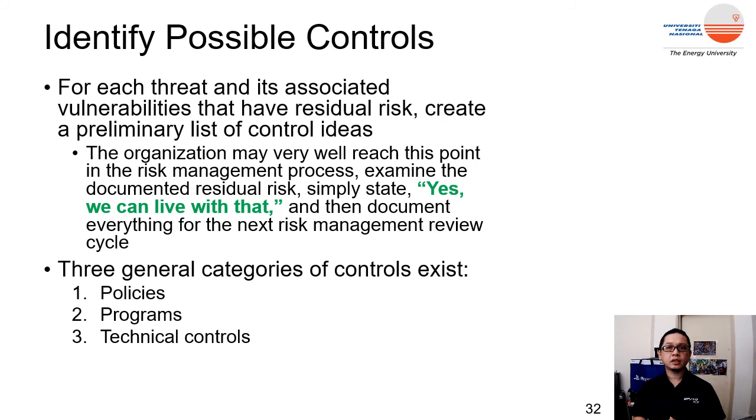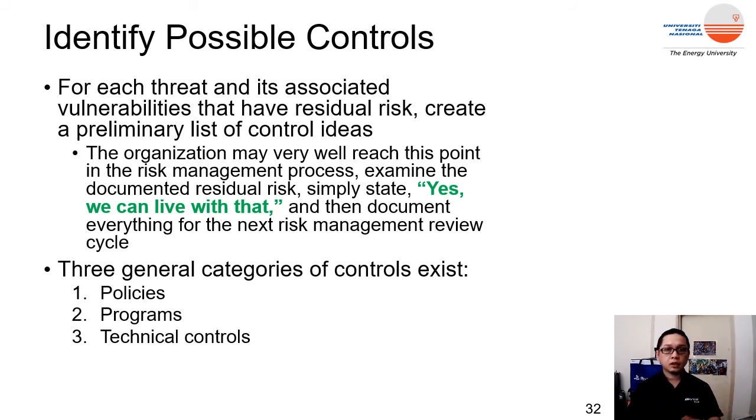So from this assessment, lastly, is the activity of identifying possible controls that could protect your information asset against those threats and perhaps patching certain vulnerabilities. How you can give control to protect the asset can be categorized into three.